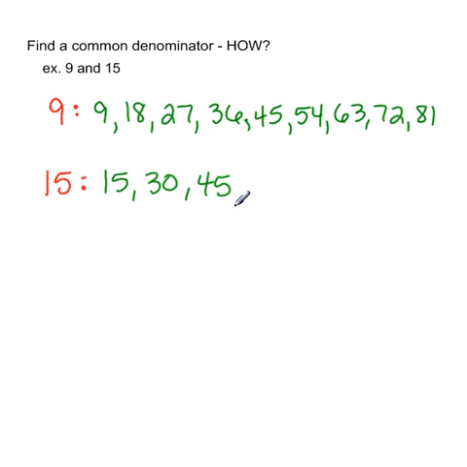Okay, well, hang on a second, because I see something in common. I just wrote 45 here, but 45 was also in common up here with the 9. So between the 9 and the 15, I have definitely found the least common denominator. Now, there could be another number going on down here that would be in common, but you want to find the least common denominator.